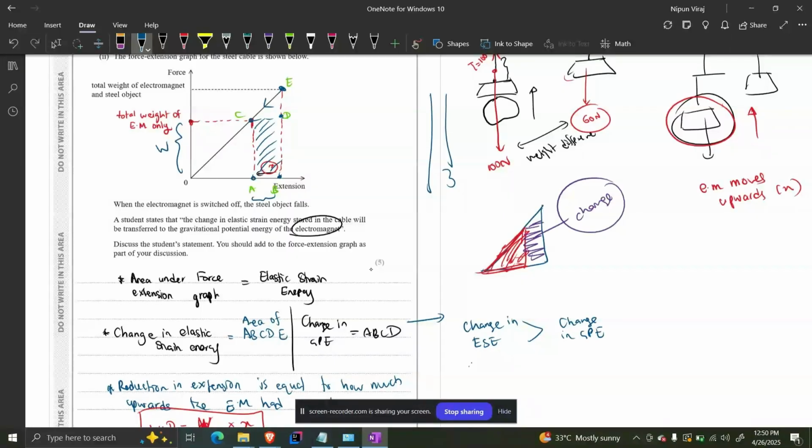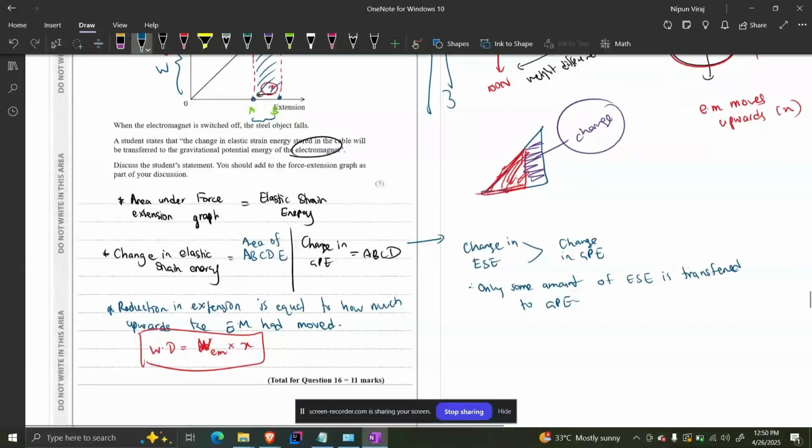Therefore, only some amount of elastic strain energy is transferred to gravitational potential energy. Okay. What we did was, first of all, there are only two parts in this question.